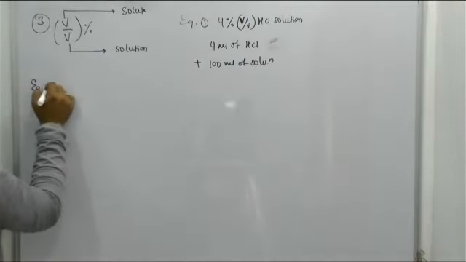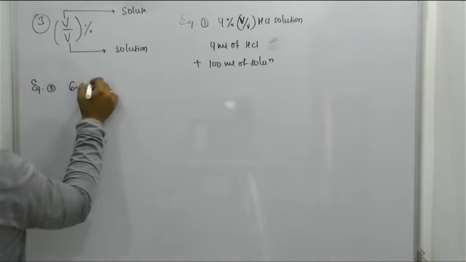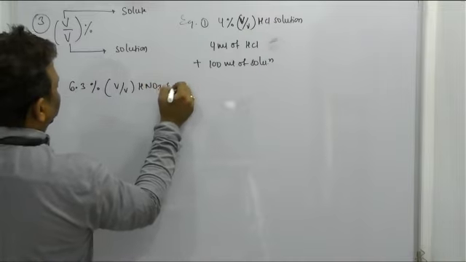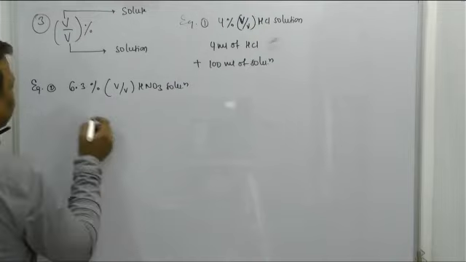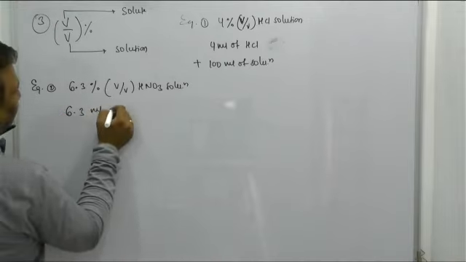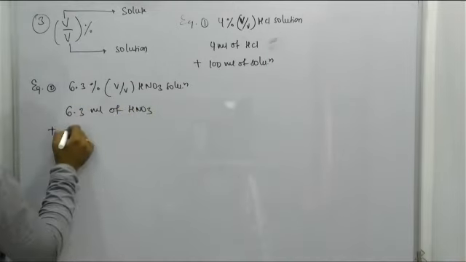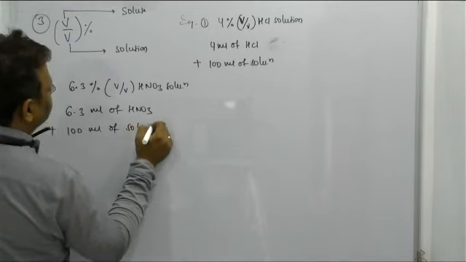Example number 2 beta now. I will have 6.3% V by V HNO3 solution. What does this indicate? Please do it. It indicates that 6.3 ml of HNO3 is present in, percent indicates, 100 ml of solution.